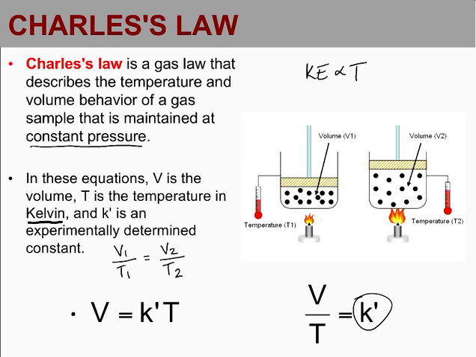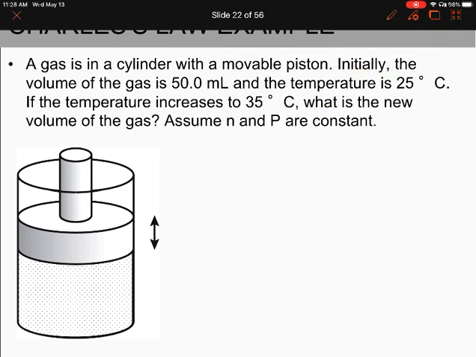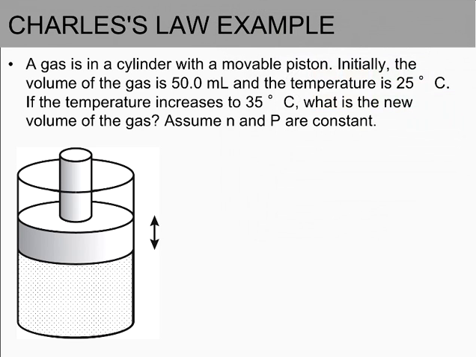Okay, so let's look at an example problem. So again, we have a gas in a cylinder with a movable piston. And initially, the volume of the gas, V1, is 50 milliliters.